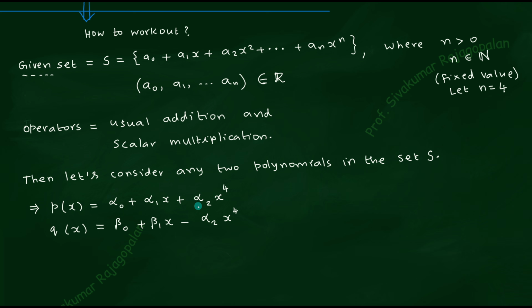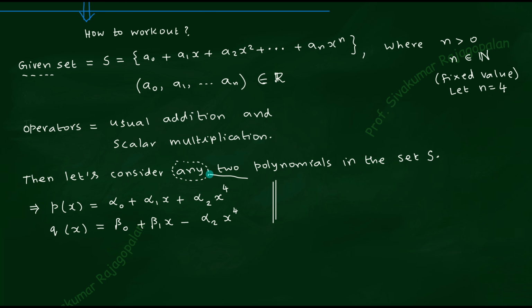The main reason for choosing this kind of combination is that when I add, these two things will cancel. That is the idea, and with that idea only we are now writing. Okay, let us continue and see what happens. Let me write down what is the meaning here.